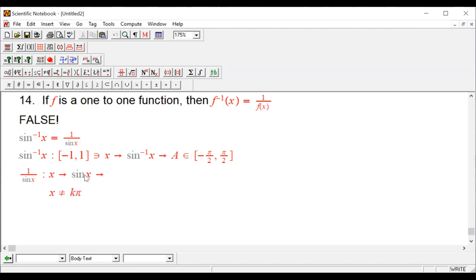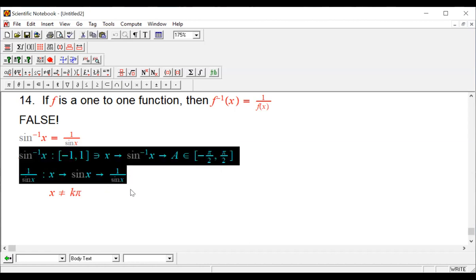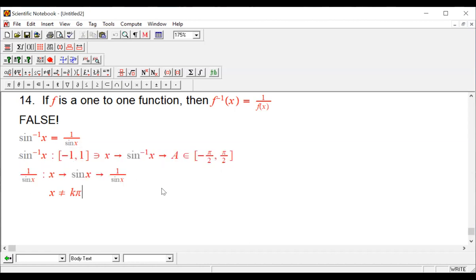Once we get x, we get sine x, and then we take the reciprocal of sine, and that's the flow. So you can see these two are entirely different functions. Besides, 1 over sine x is cosecant x, so these two cannot be the same.